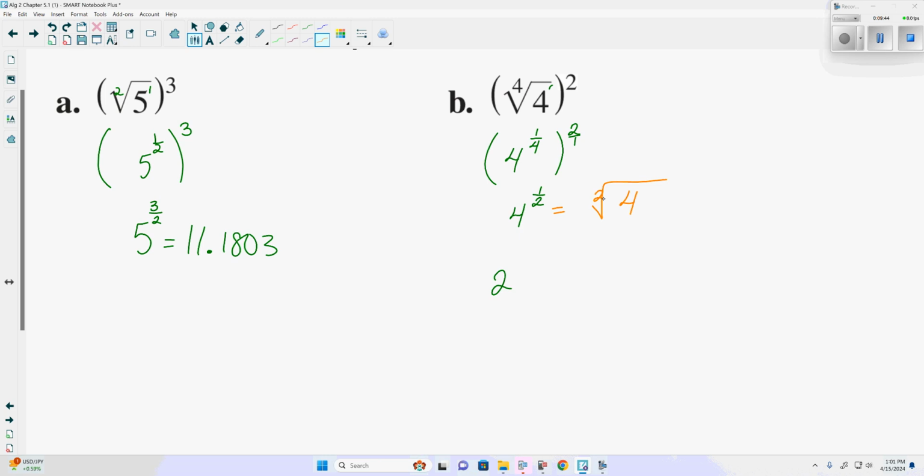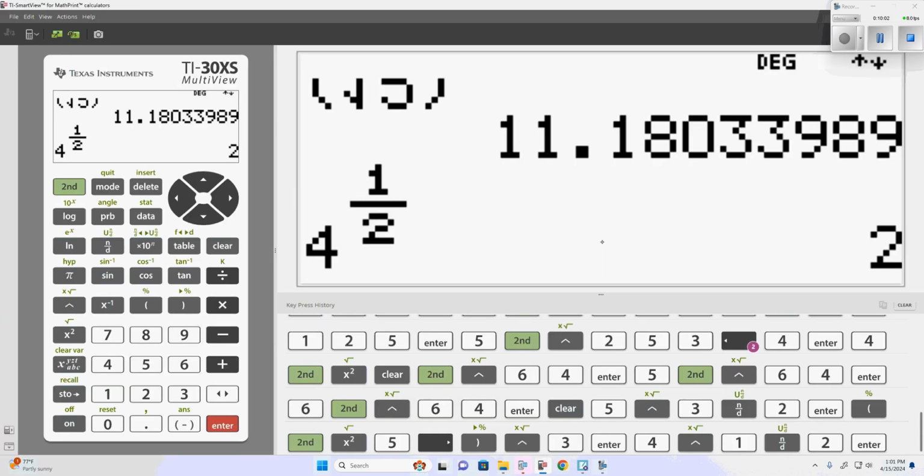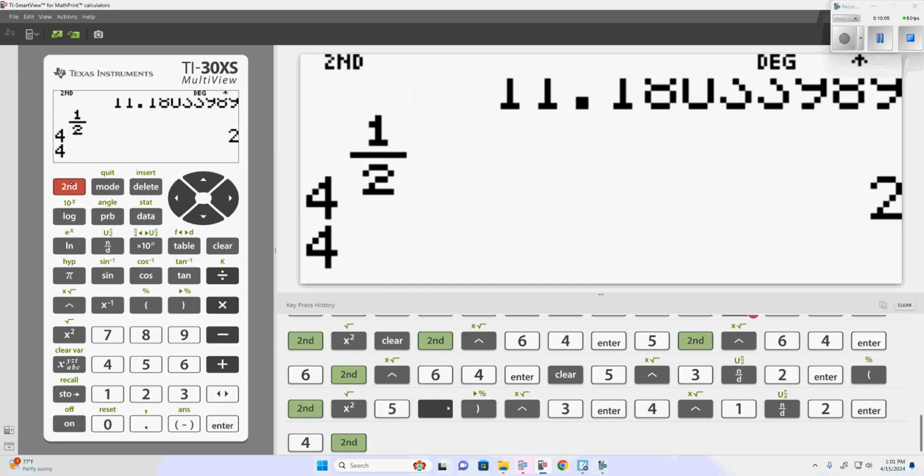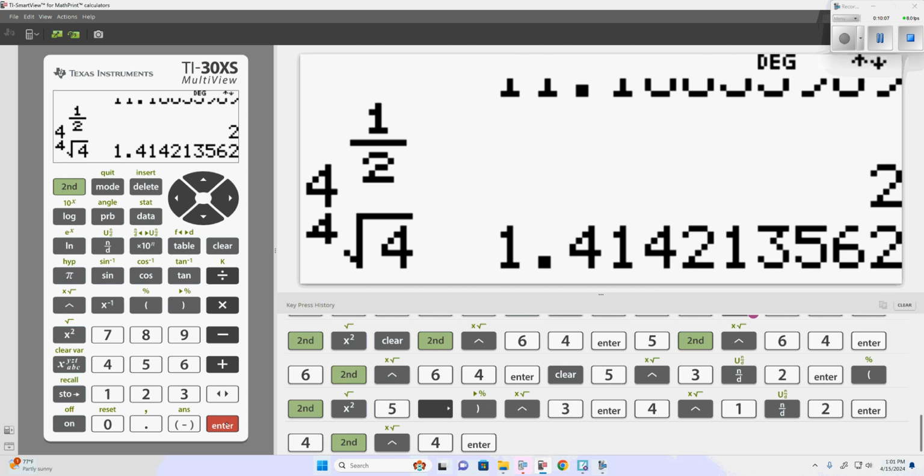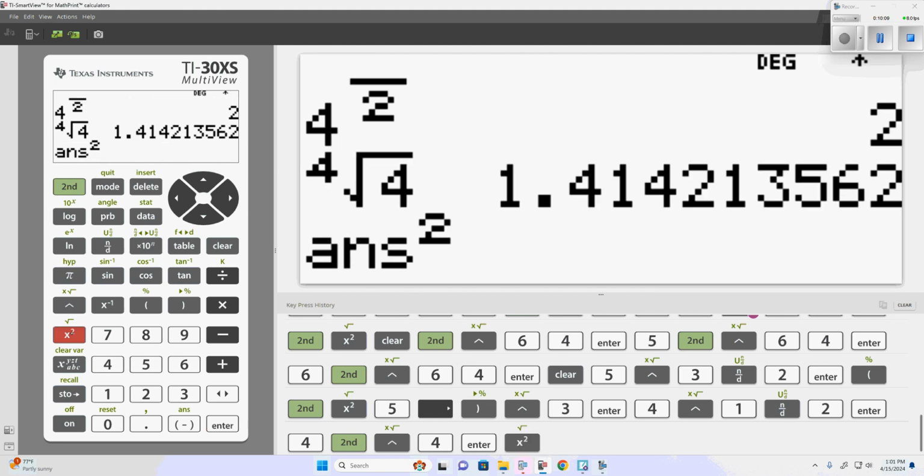What is the square root of 4? So some of them do simplify nicely. Because if we looked at, say, the fourth root of 4, we do get this number, and when we square it, we do get back to 2.